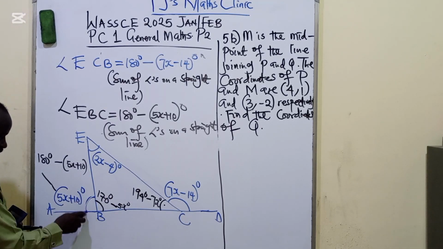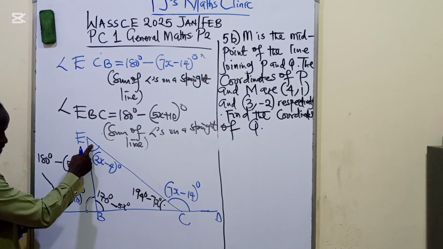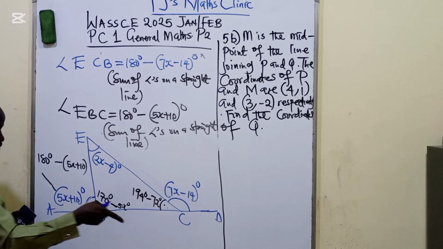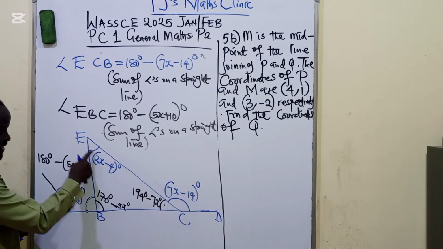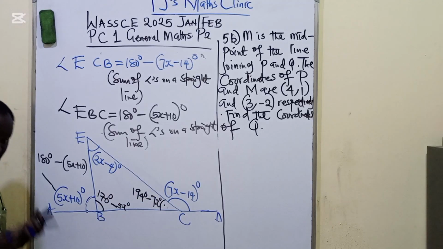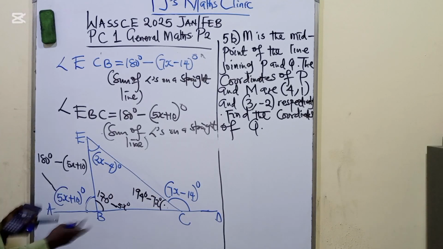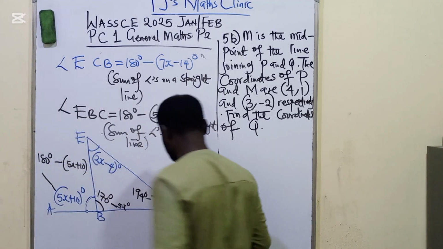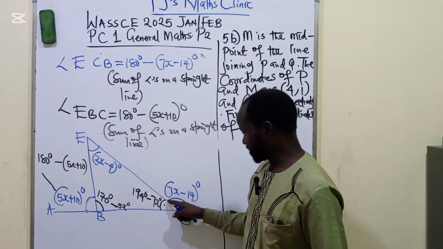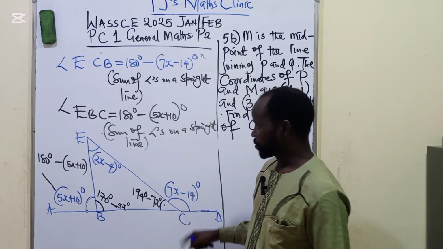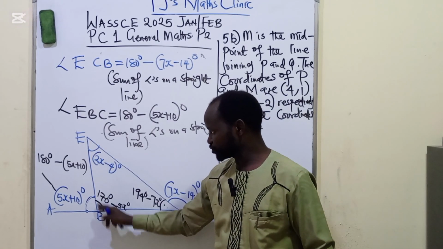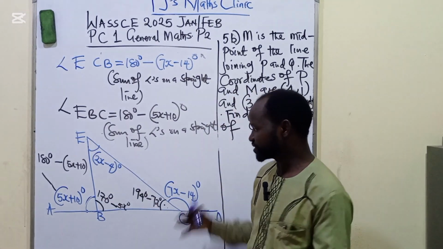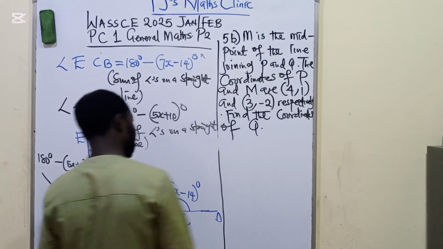So the angle at B will be equal to the sum of the angles at E and C. That's another method, and whichever method, it will still give us the same answer. Or we can say the exterior angle at C will be equal to the opposite interior angles at E and B respectively.